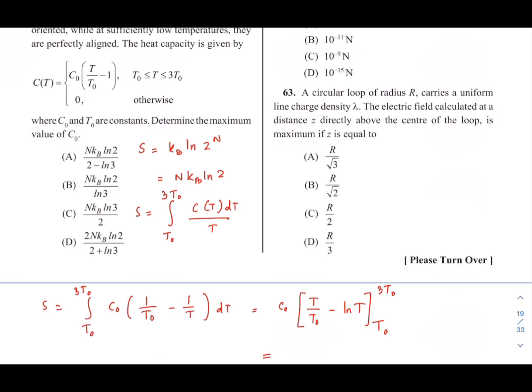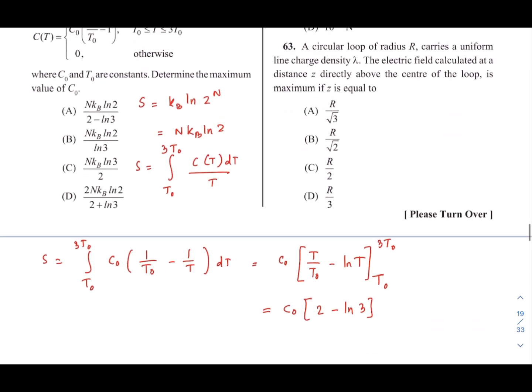This is equal to C0 times 2 minus log 3. Thus we have C0 is equal to n Kb log 2 divided by 2 minus log 3. Option A is the correct answer.